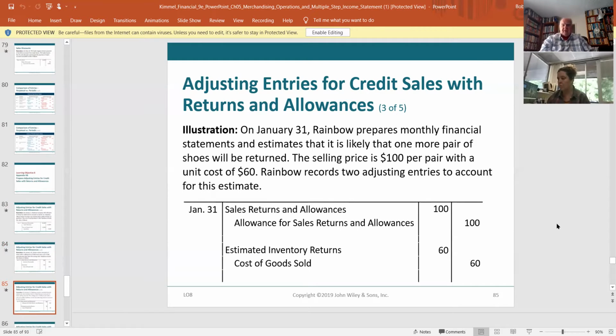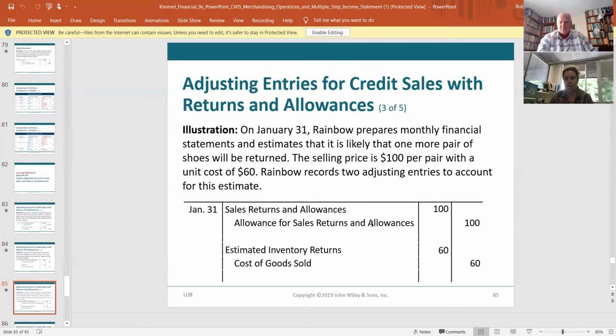Rainbow prepares monthly statements and they estimate that 1 more pair of shoes is going to be returned. They're estimating that. I'm chuckling because this is a little weird. They're going to anticipate sales returns and allowances, and they're going to credit what's called an allowance for sales returns and allowances.